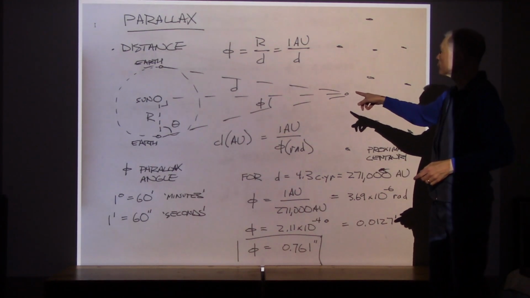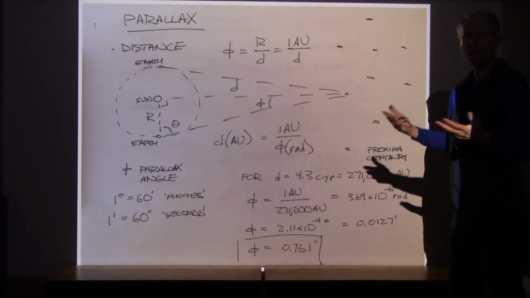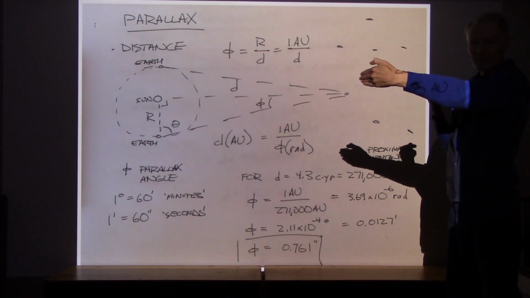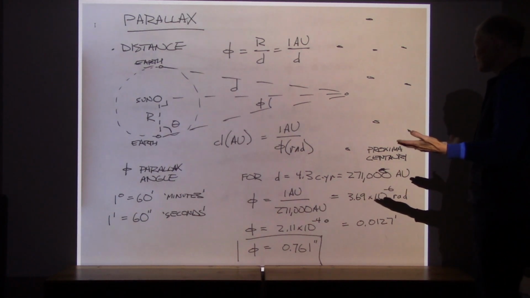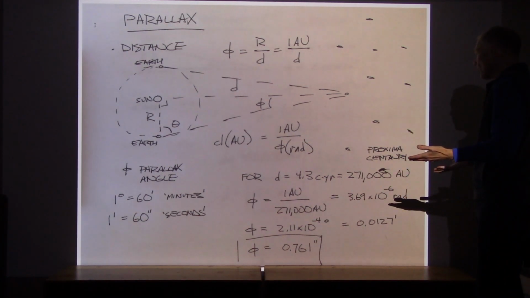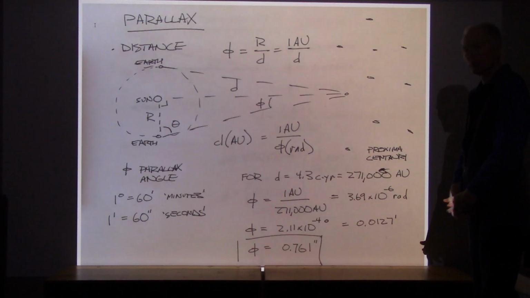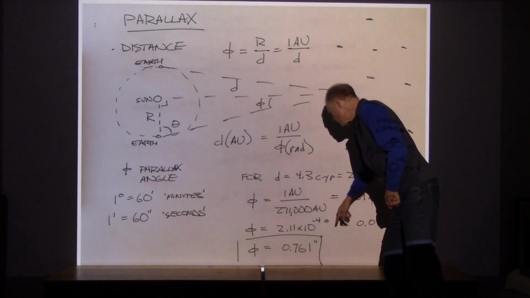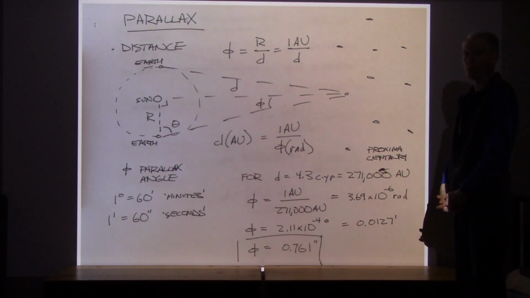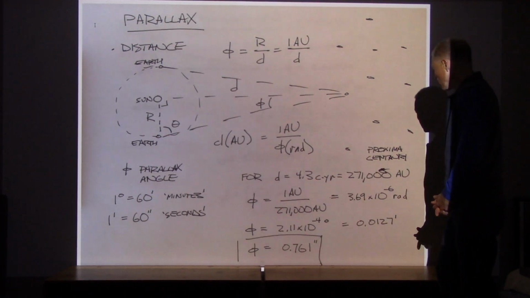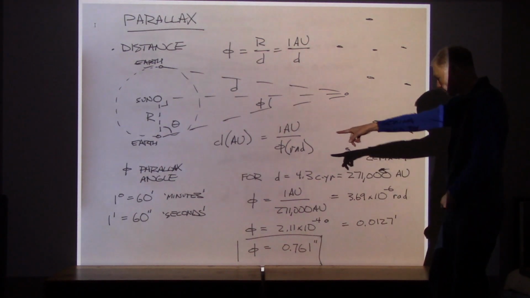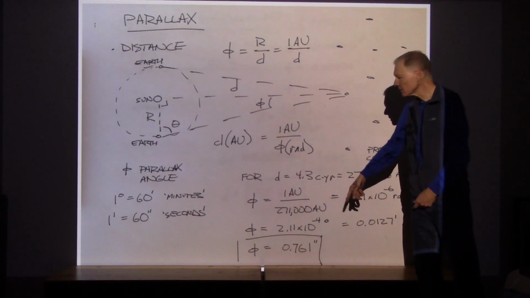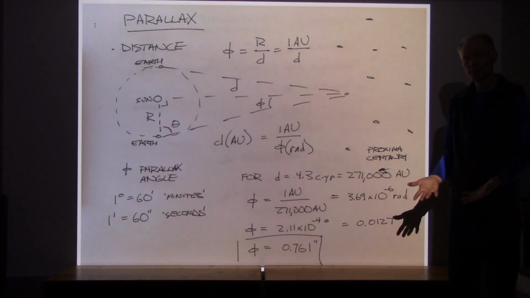So when we're using this formula, the angle is going to come out in radians. It's an arc length divided by a distance, and that's going to give us no units at all, and that means that we're working in terms of radians. So those radians, we could convert into degrees, 2.11 times 10 to the minus 4 of a degree, and that worked out to be 0.0127 minutes, 0.761 seconds of arc.